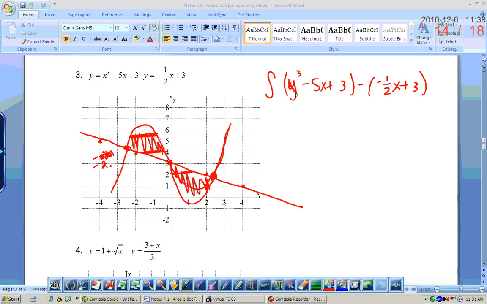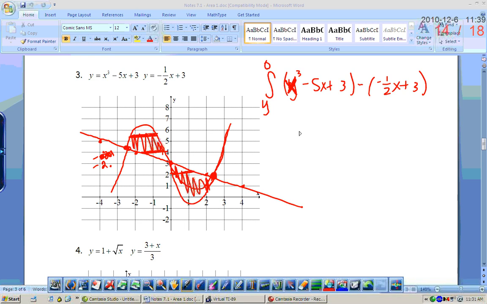Sorry, I should have put x cubed. That should be x cubed minus 5x plus 3. And those limits of integration are from y to 0.